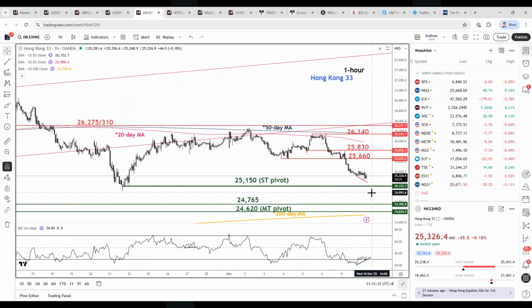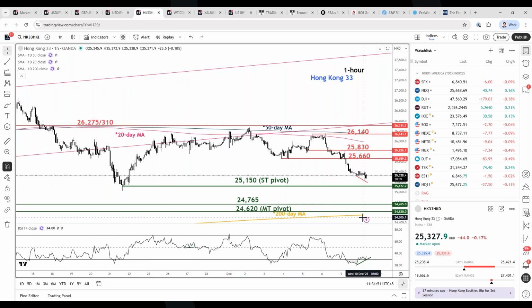However, a bearish breakdown below 25,150 will continue the intraday weakness towards the key support area of 24,765 / 24,620, which is the lower limit of our medium-term pivotal support zone.